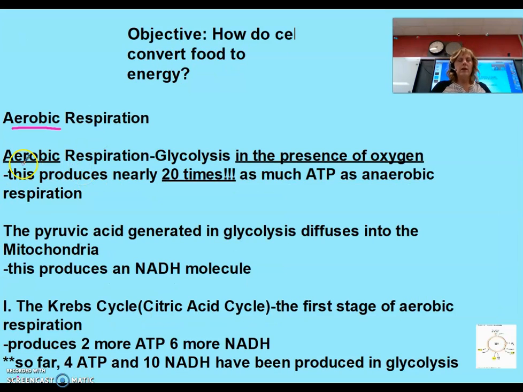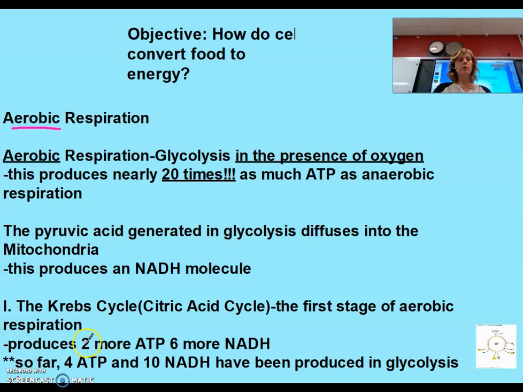So the important things are in aerobic respiration, glycolysis. After glycolysis occurs, those pyruvic acid or pyruvate molecules diffuse into the mitochondria, and then it enters into the Krebs cycle or citric acid cycle, which is the first stage of aerobic respiration.